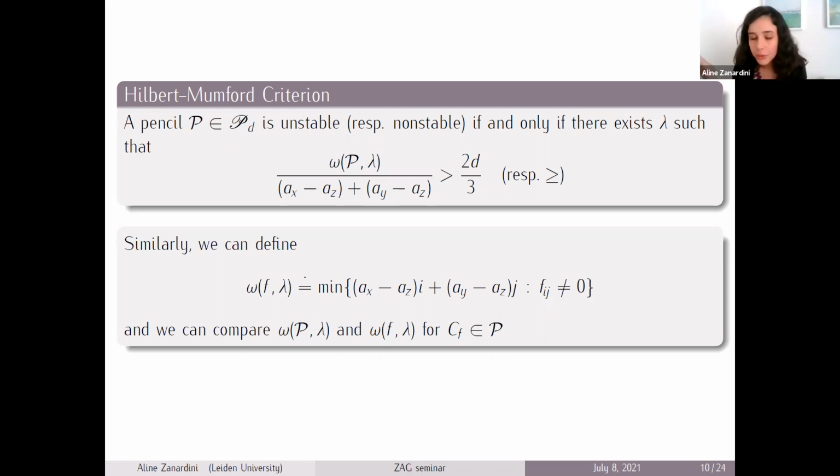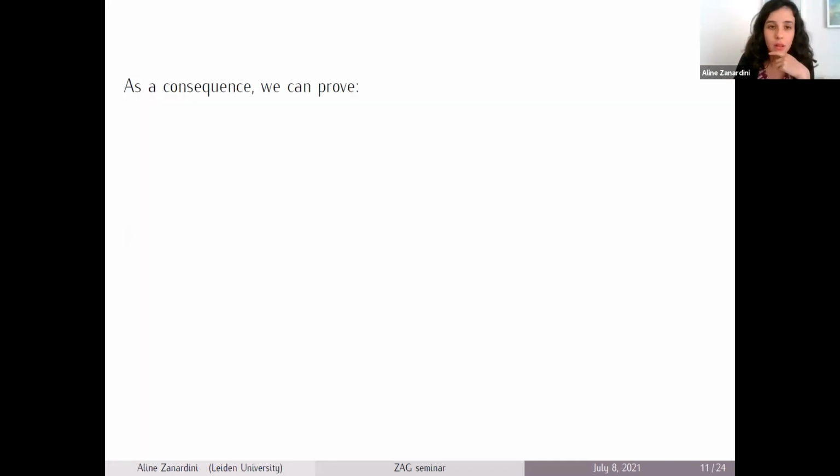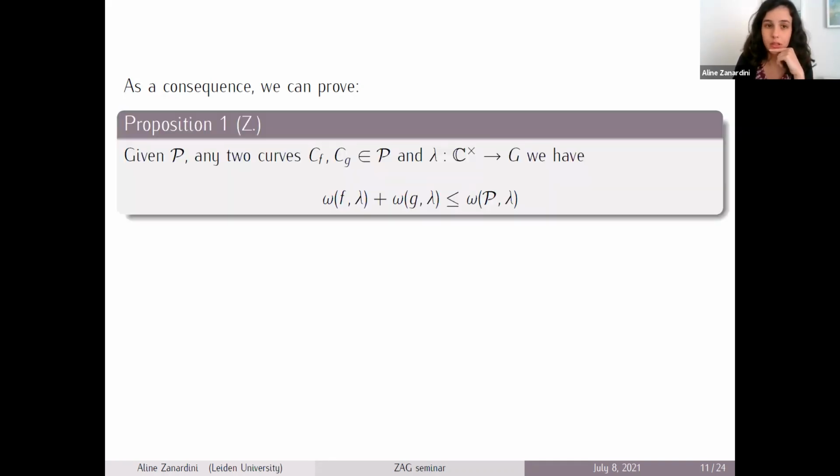Okay, so what do I mean by compare? That's going to be a key ingredient for the results that I want to present later. So what I mean is the following. As a consequence of this, what we can prove is the following.